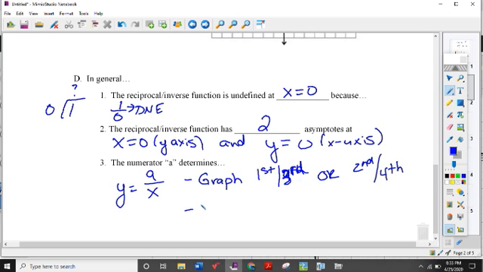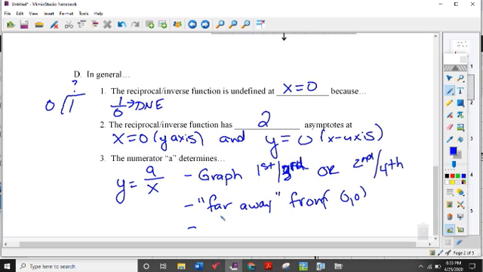It determines how far away from 0, 0 you are. And actually that's it, because when a is negative, when a is less than 0, your graph is in the second and the fourth quadrants.